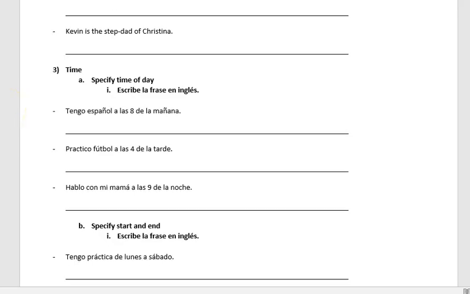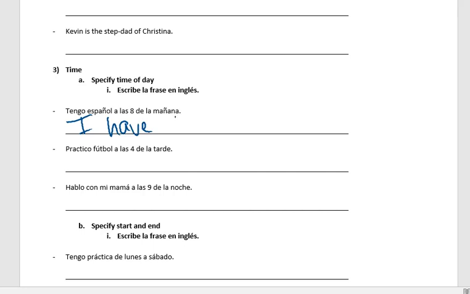Another way that we use de is to specify time, which you know this, because you know it's es la una, or son las dos. Okay, so it's just a matter of putting it all together. So, in our first ejemplo, we have tengo español a las 8 de la mañana. So we know tengo is I have.